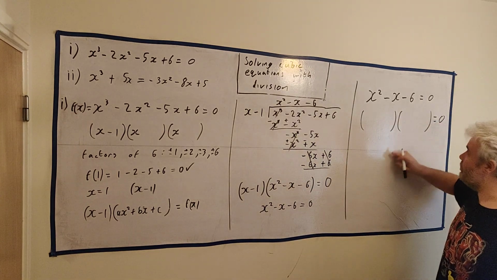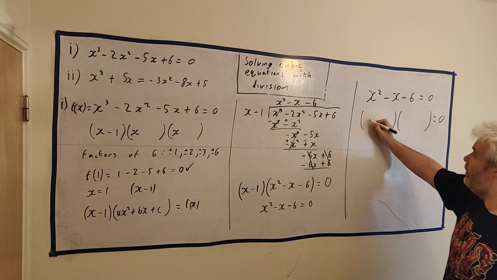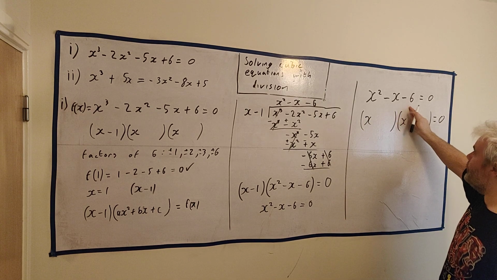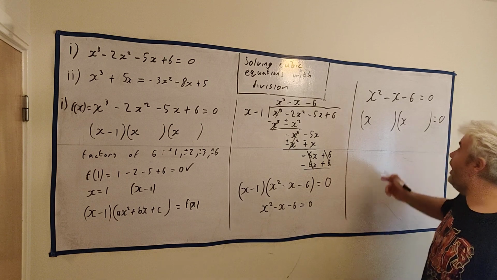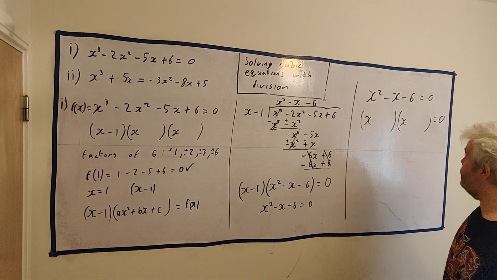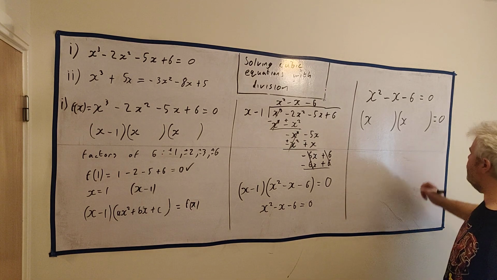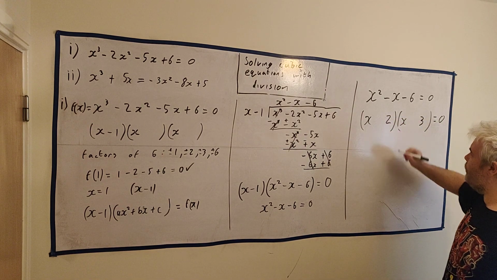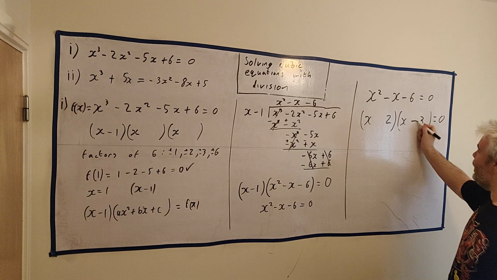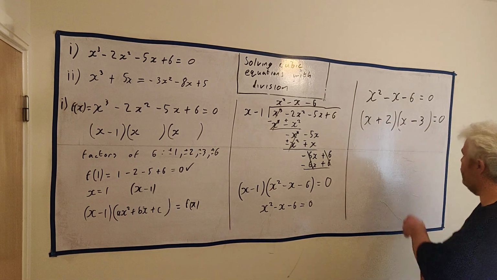We've learned how to do this. We first look for a simple answer. Are there two numbers that multiply to get minus 6 and add or take away to get minus 1? Yes, there are. 3 and 2 seem to work. If I make 3 minus and 2 plus, that will work.